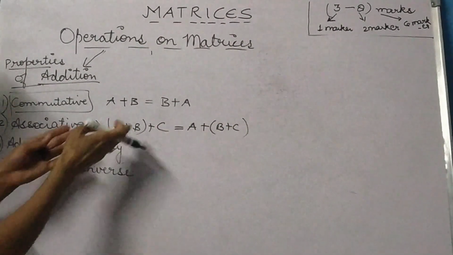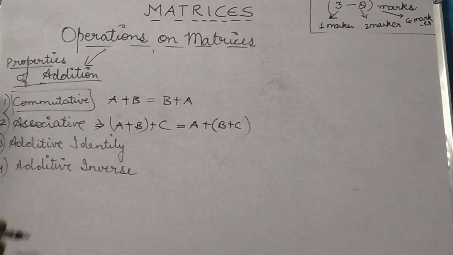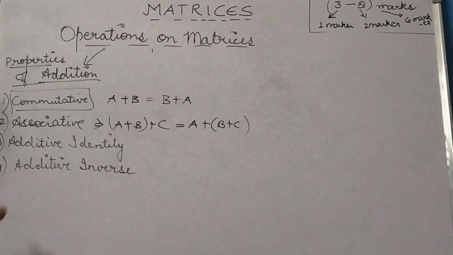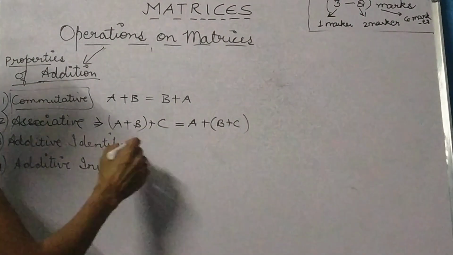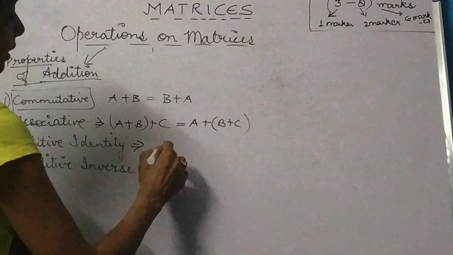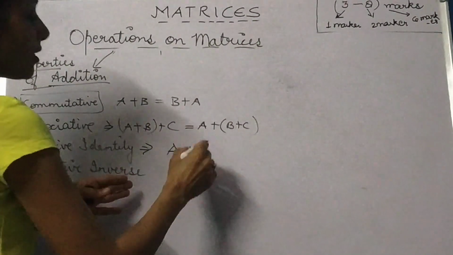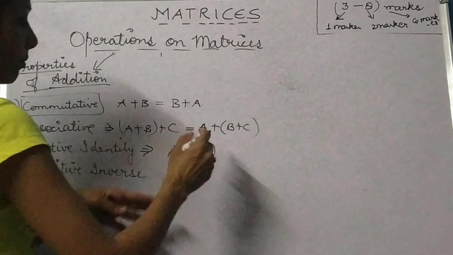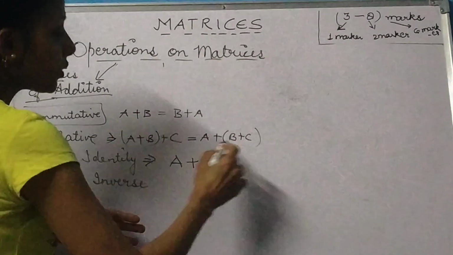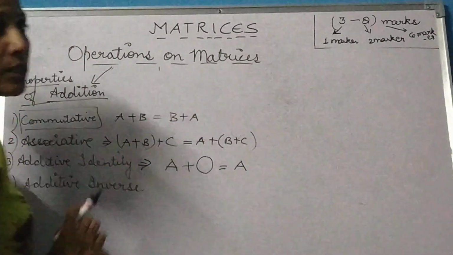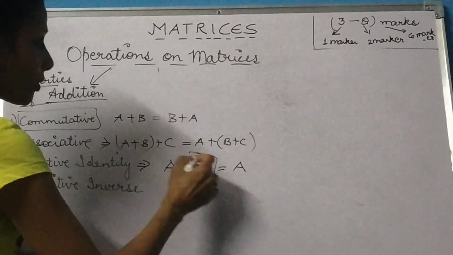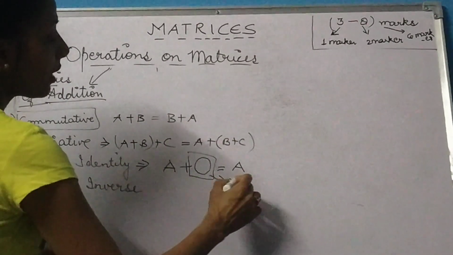That means again you will get a same result. Additive identity. For additive identity, say you have a matrix A, then I can add null matrix so that my matrix will again come out to be same. So your null matrix is your additive identity.